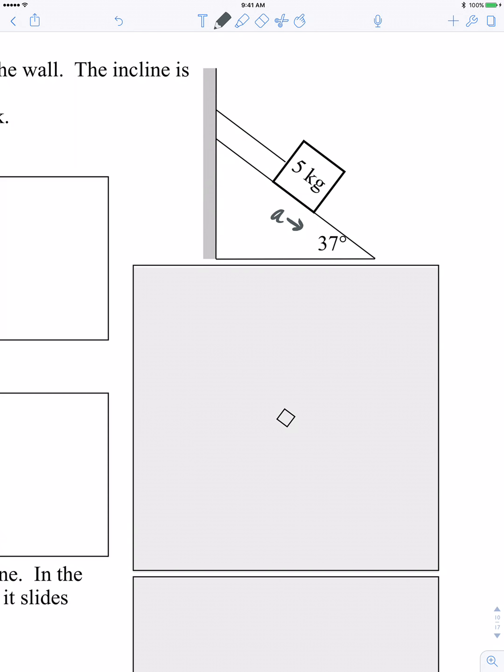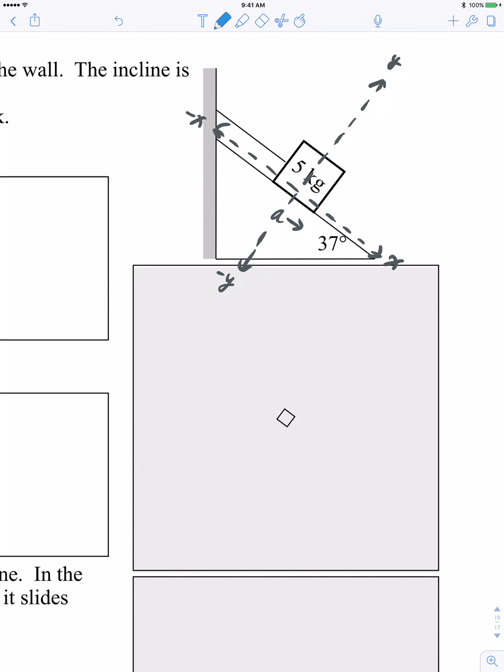I'm going to orient my axes this way. Just so I keep in mind which direction is positive and negative, I'm going to label this one as x. So here's negative x, and then y, and negative y. I made up and to the right positive.